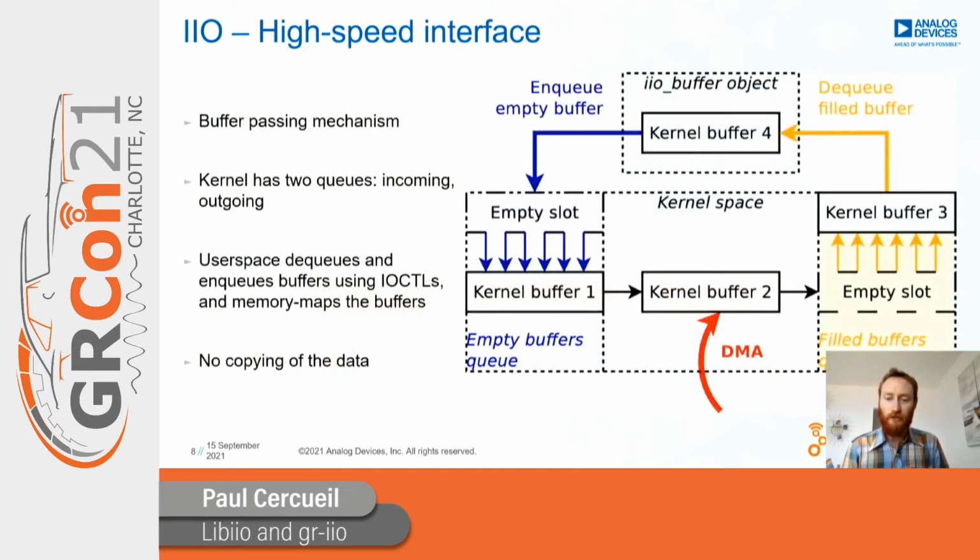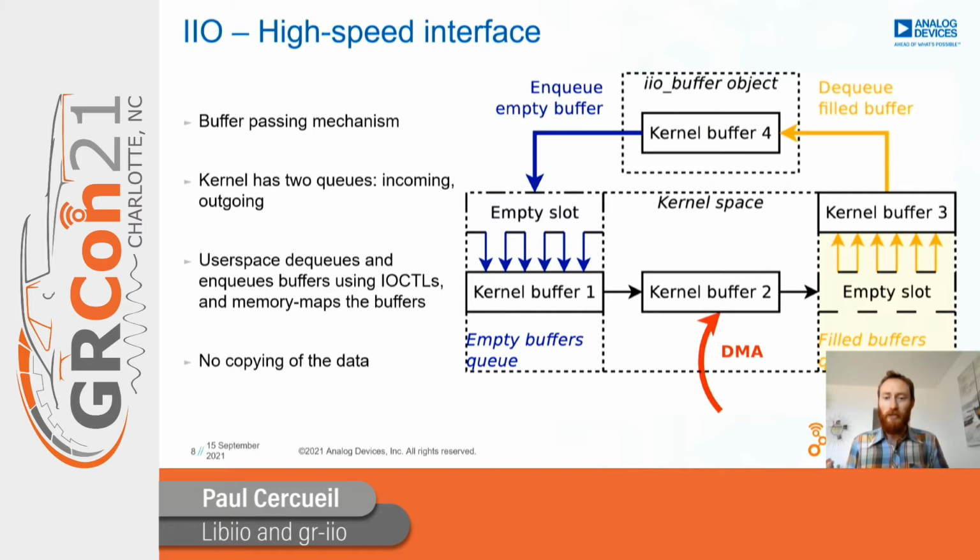So to address this issue, Analog Devices developed a high-speed interface. It consists of a pool of buffers that are shared between the kernel and the user space. The kernel has two queues, one incoming queue, one outgoing queue, and it will endlessly pick one buffer from the incoming queue, fill it with the data coming from the DMA, then put it, when it's filled, to the outgoing queue.